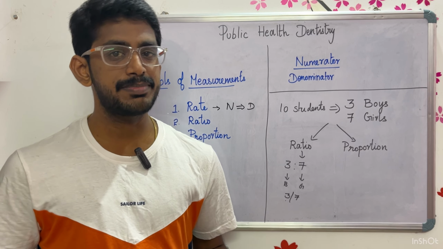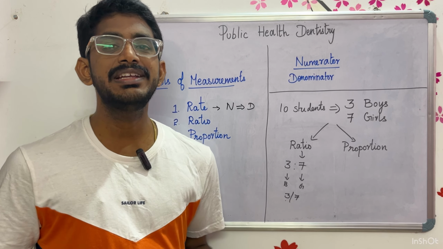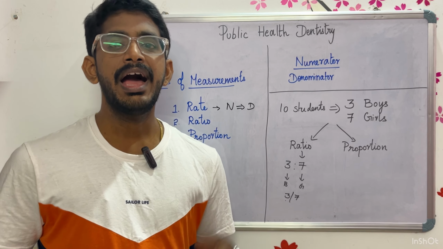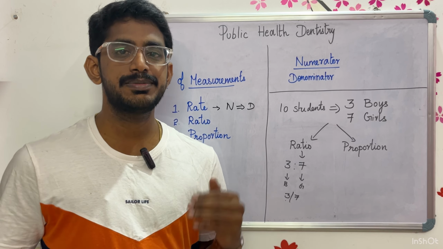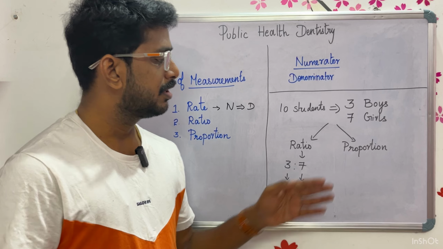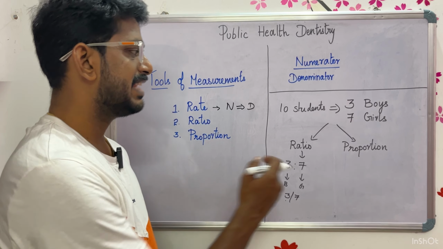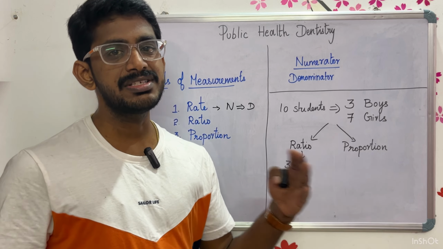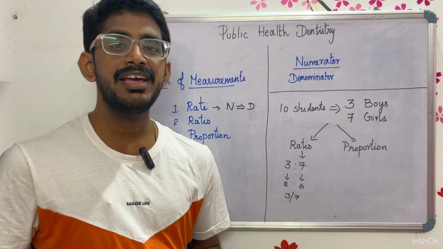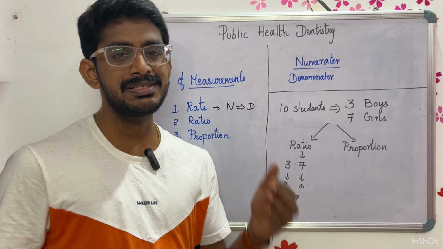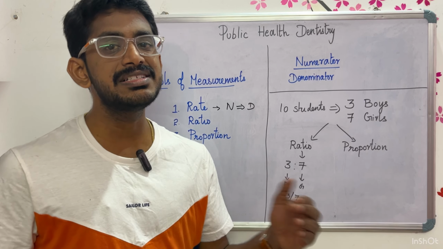Proportion is again an expression where numerator is a part of denominator, and proportions are usually expressed as percentages. We can see the same example expressed as proportion. The same example, 10 students, 3 boys and 7 girls. Let us say the proportion of boys in the class or the proportion of girls in the class.